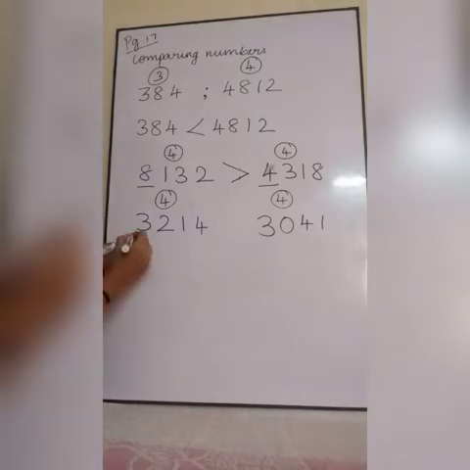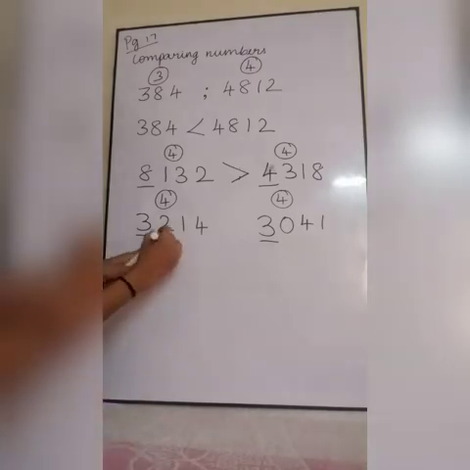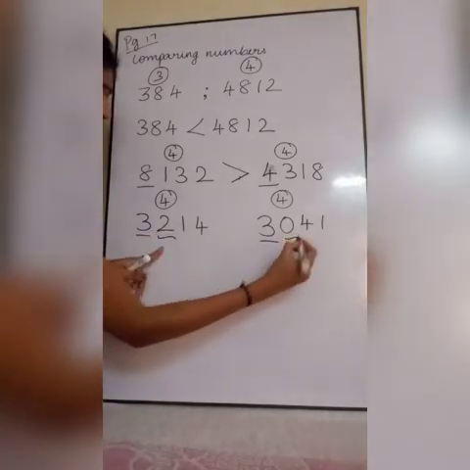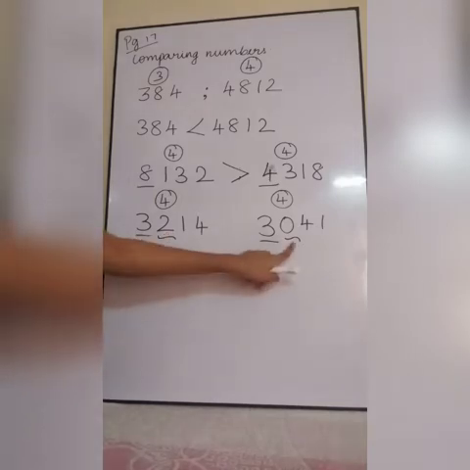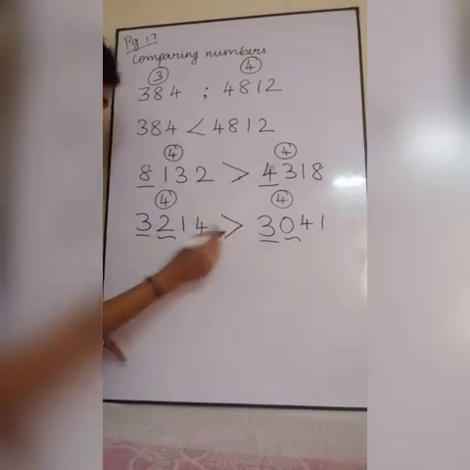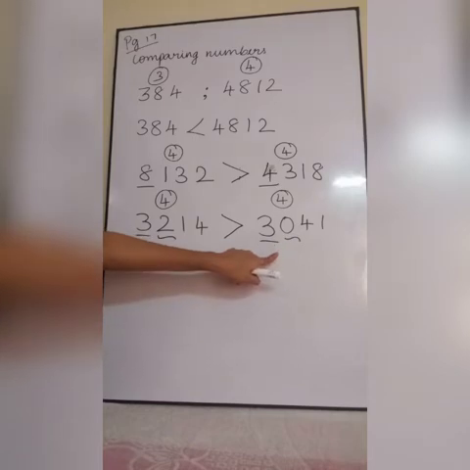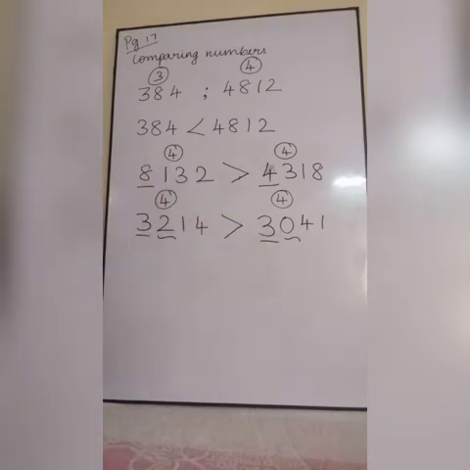So on the left side, here the first number, here the first number. Both are the same, so we can't compare it. Next, the second number. Here 2 is there, here 0 is there. Whether 2 is greater or 0 is greater? 2. So obviously this number 3214 will be greater than 3041. This is how you should compare it.